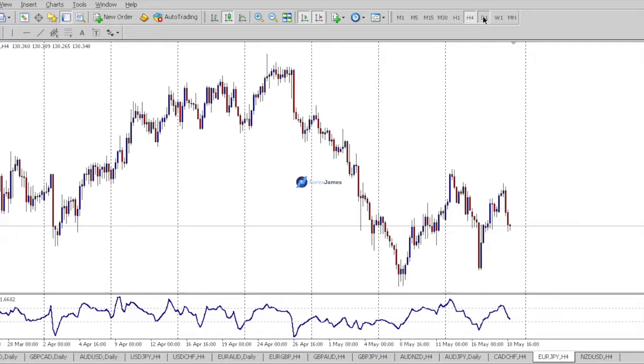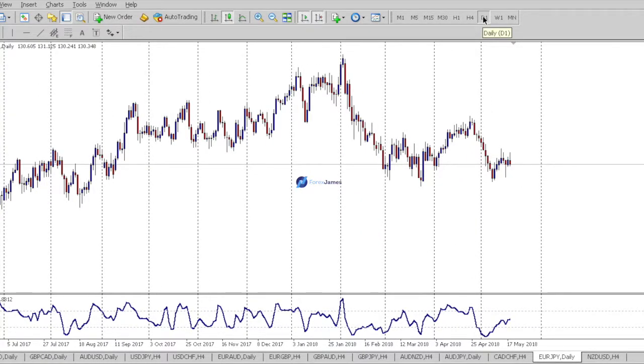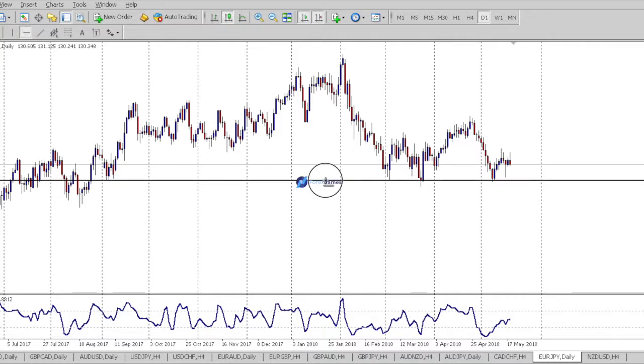Euro yen. Okay, this is a nice bullish candle, but the following two candles are not supportive of this move here. Should price make a deep retracement, it's probably going to make a new low.